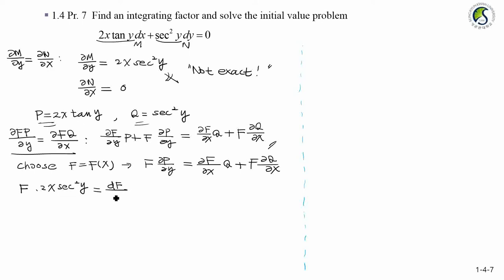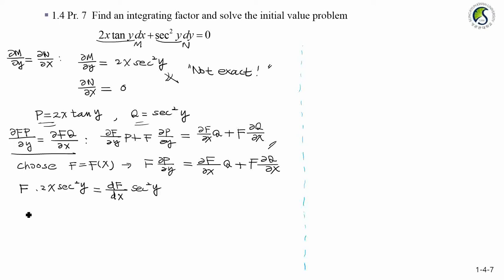Since it's a function of x, we can make it the total derivative times Q, which is secant squared y, plus f, and dQ over dx is 0 because there's no x terms in Q, so it's 0. So that's it. Now what?